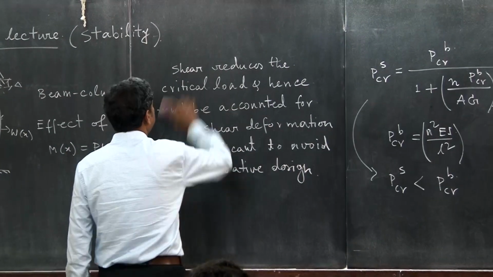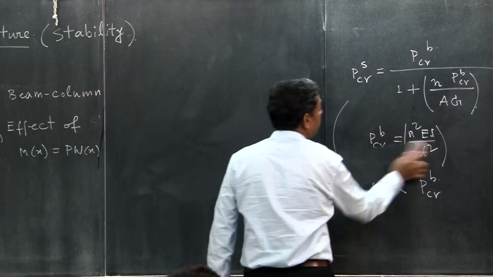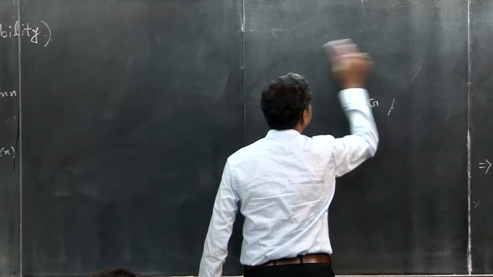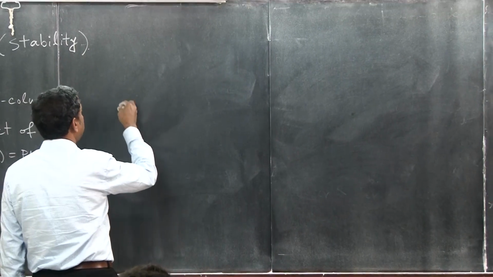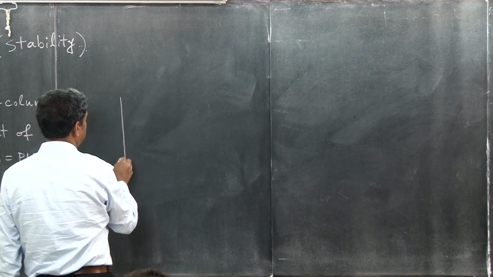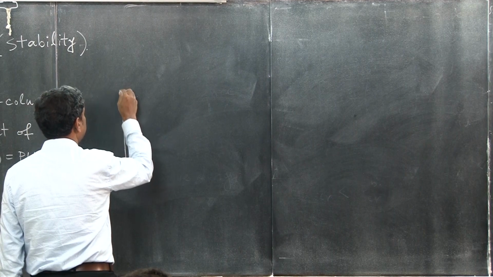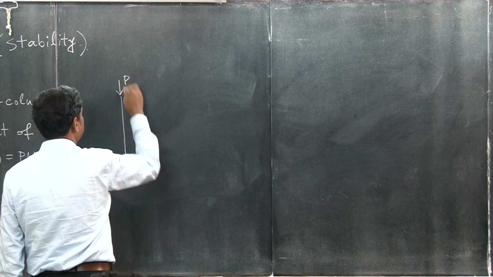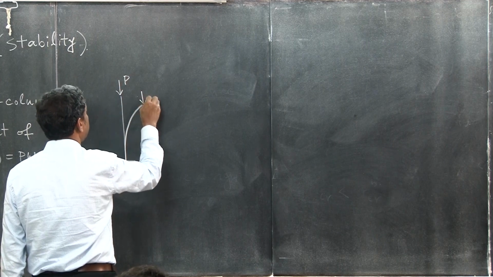Now, the same thing we can find another way, and it is very simple. We have used the energy method, but we can use another method. I will just briefly talk about it. Consider a cantilever subjected to P, and it is deforming.